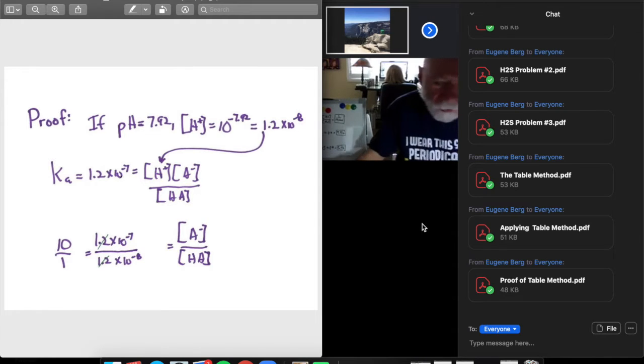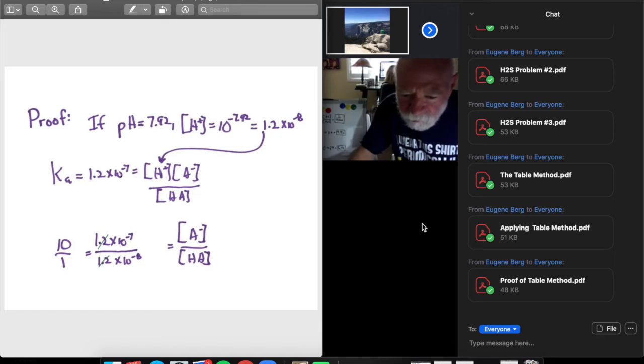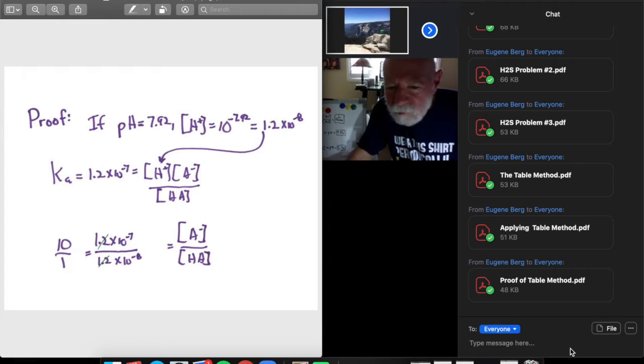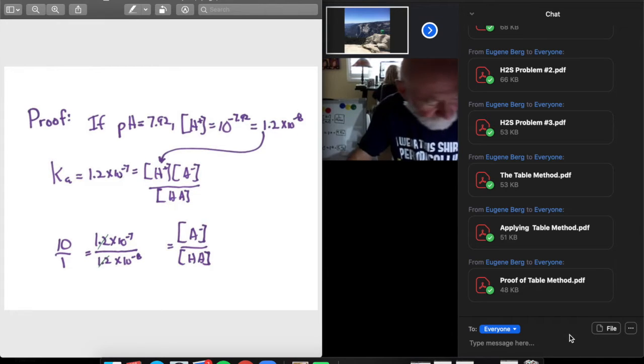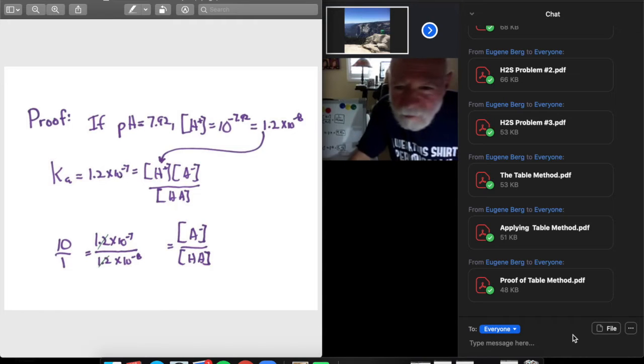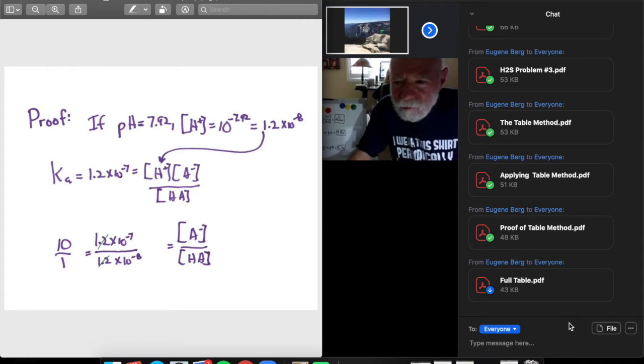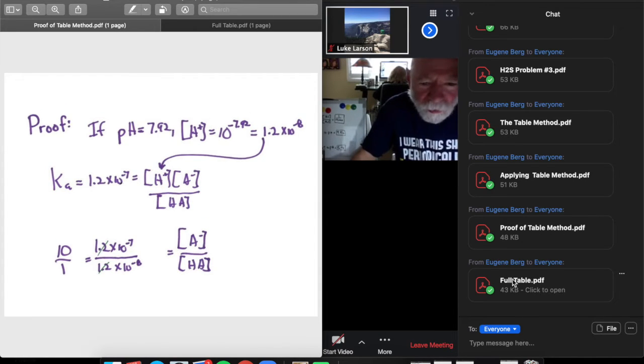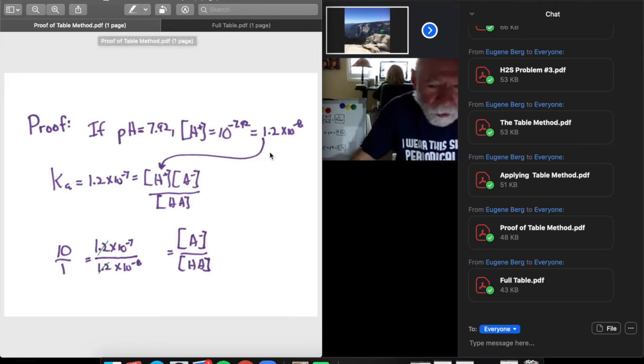Okay, let me now show you the full table method. Let's look at the full table for this particular system. Okay, so notice I marked in green the pH equal to pK sub A. Now, once you get used to the table method, you actually only need 2 rows, pH versus ratio of base to acid.